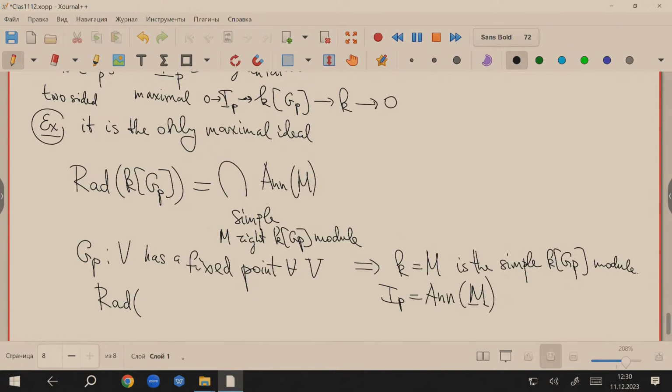So this implies that the radical of K of GP is equal to the annihilator, which is equal to this augmentation ideal.